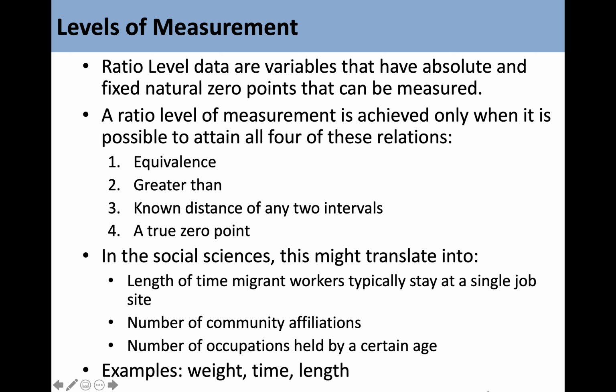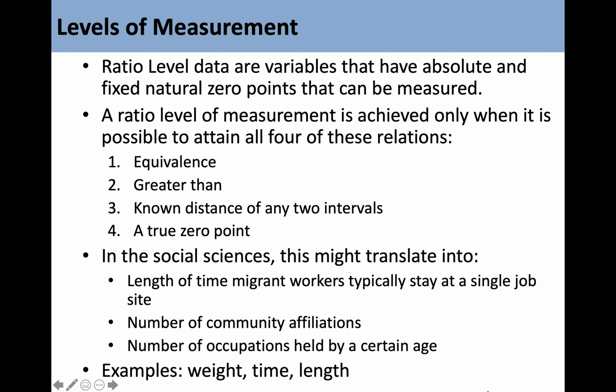Ratio level data are variables that have absolute and fixed natural 0 points that can be measured. A ratio level of measurement is achieved only when it is possible to attain all 4 of these relations: equivalence, greater than, known distance of any 2 intervals, and true 0 point. In the social sciences, this might translate into length of time migrant workers typically stay at a single job site, number of community affiliations, number of occupations held by a certain age.